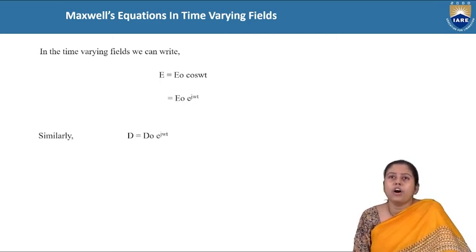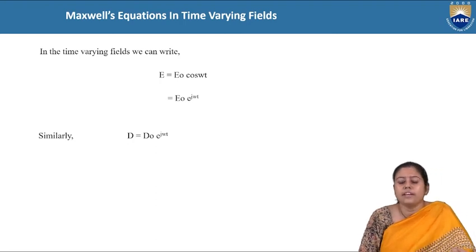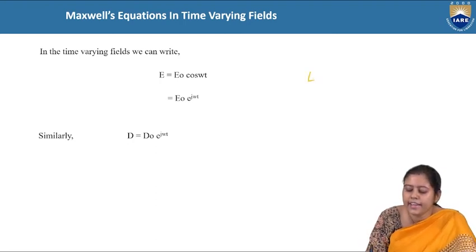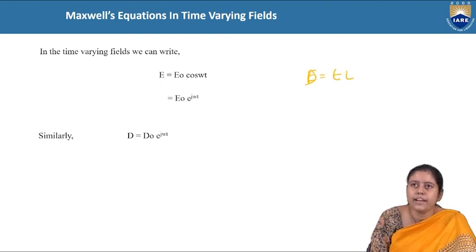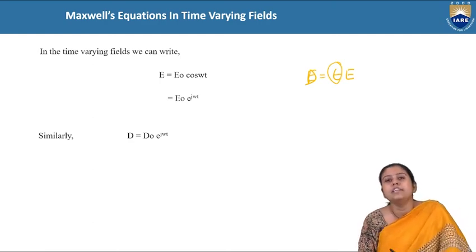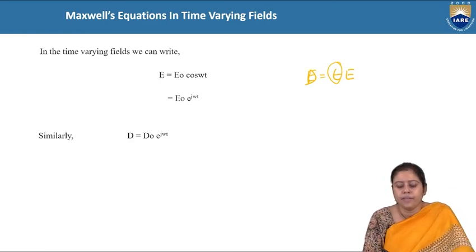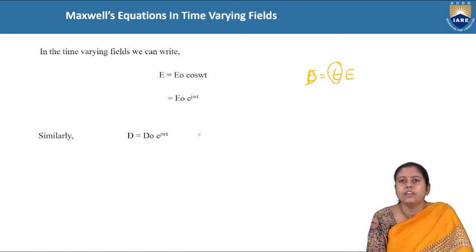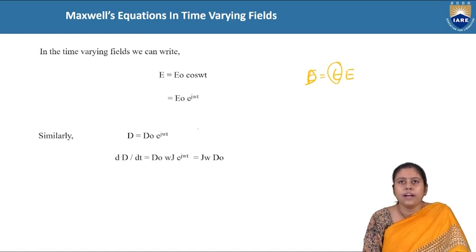So if we have the intensity value, what is the relation between E and D? D equals epsilon into E. Epsilon is a constant. So if E is a cosine graph, D should have the same property. So flux density D is equal to D naught e to the power j omega t.